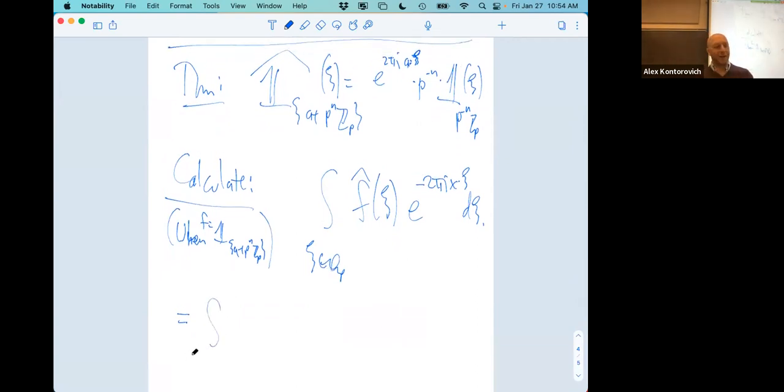So this is an integral over c in Q_p. This function is e to the 2 pi i a times c, p to the minus n, and then the indicator function of c being in p to the minus n Z_p, times e to the minus 2 pi i x times c, dc.